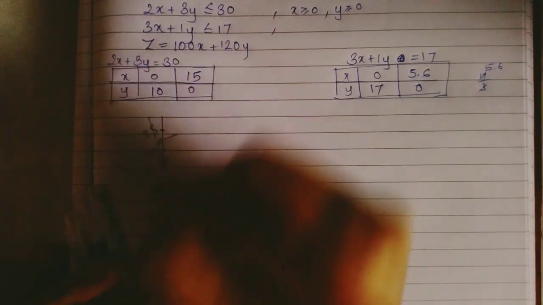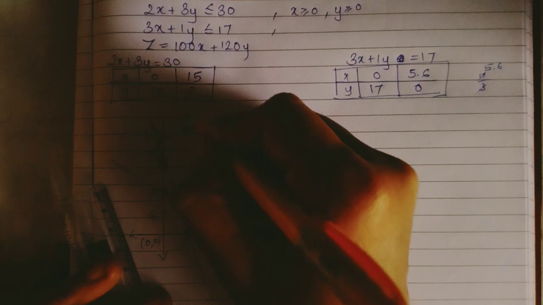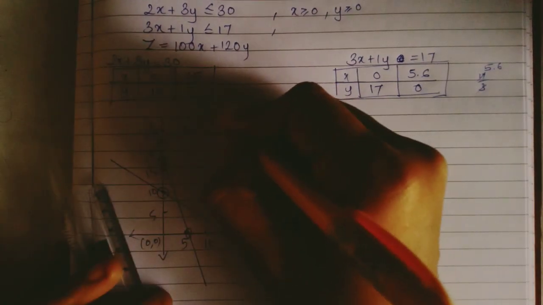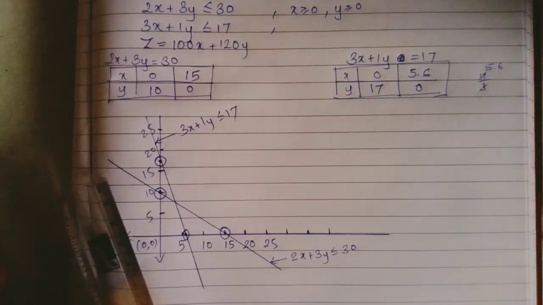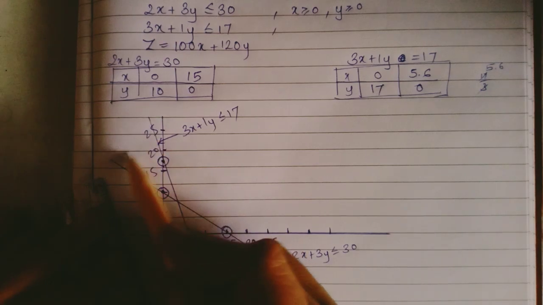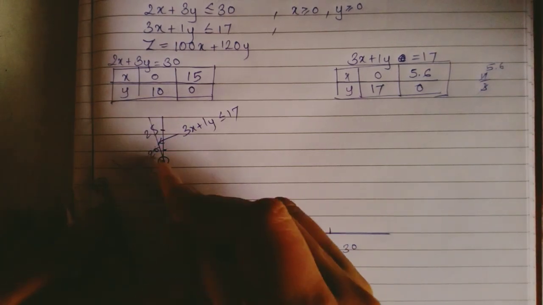So this line corresponds to 3x plus 1y less than or equal to 17. Now less means you have to shade the region which is below. This region.